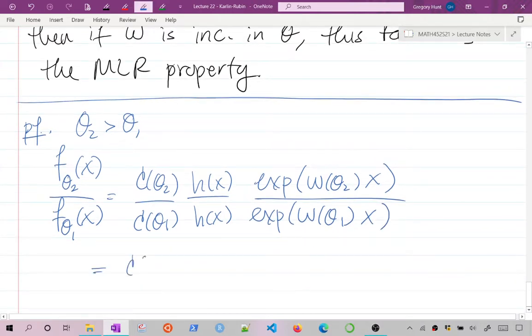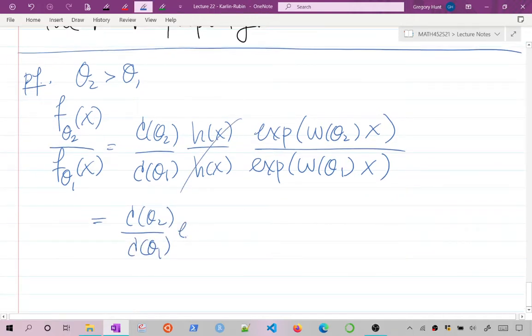So I get C of theta 2 over C of theta 1, my H of X's cancel, and I can write this as exponential of W of theta 2 minus W of theta 1 times X. So I can combine those.